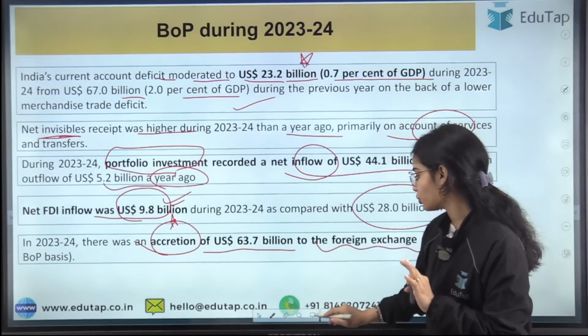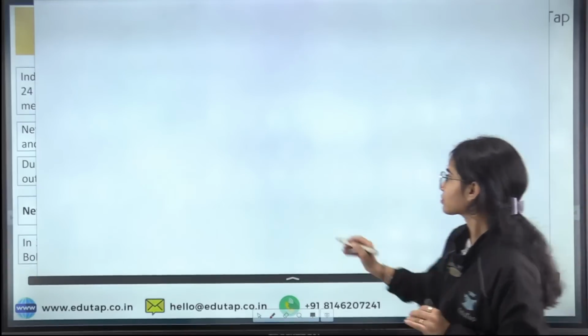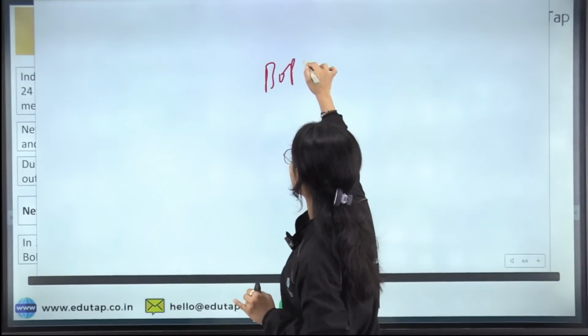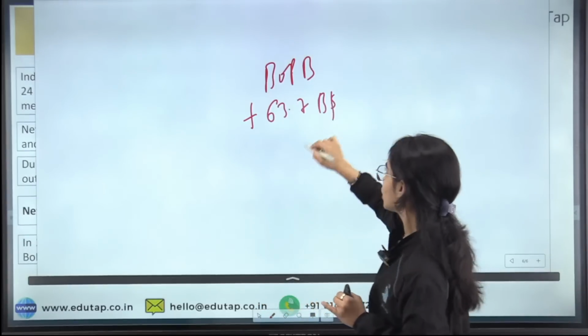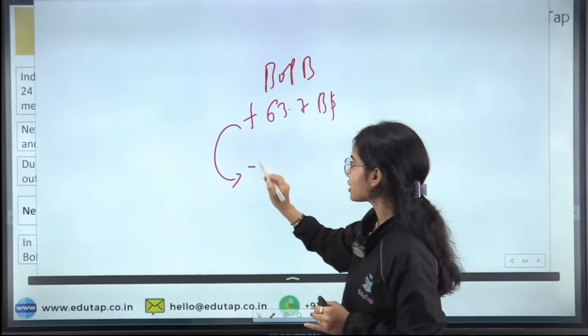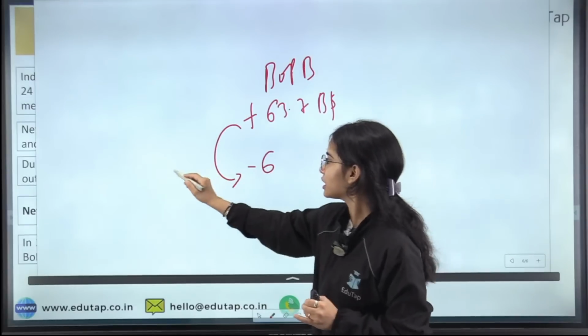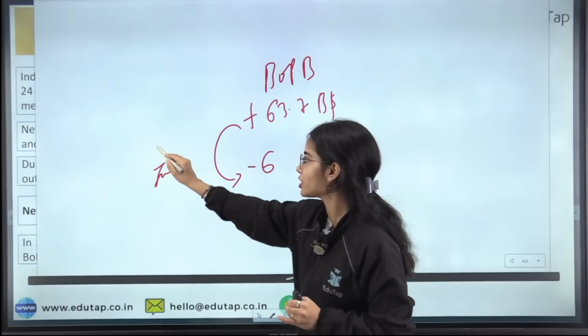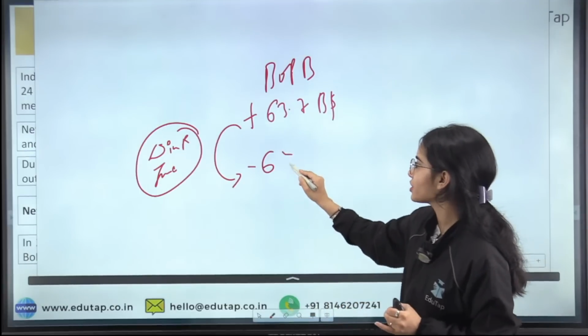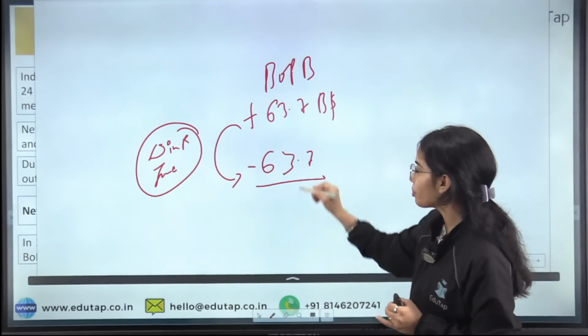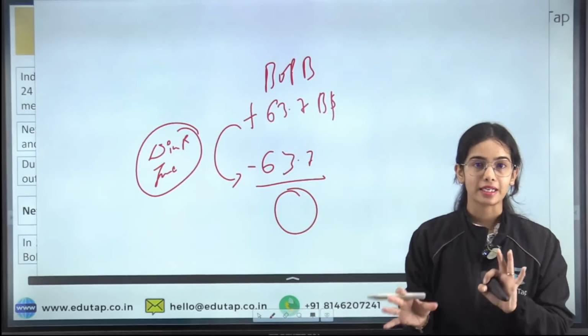As I have told you, on the balance of payment basis, there is a surplus of $63.7 billion. When we send it to the reserves, we will show it as the increase in reserves, or the change in reserves. We will show it as negative $63.7 billion to make the balance of payment balance out.